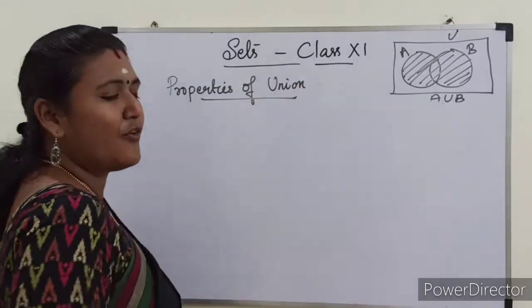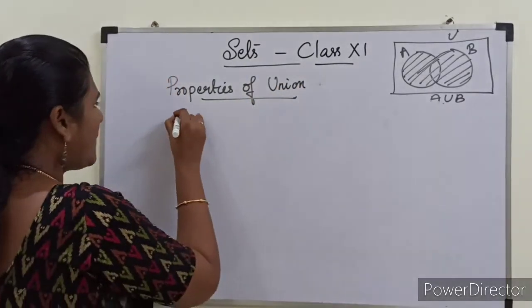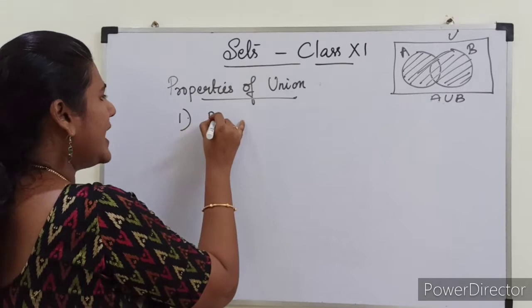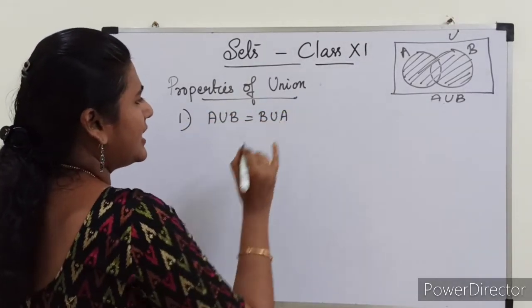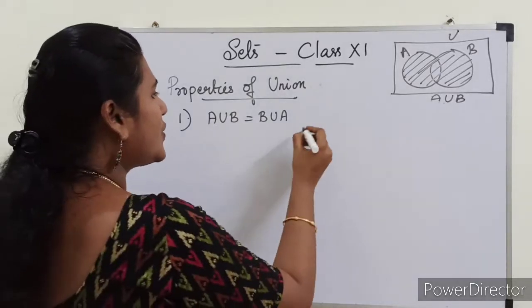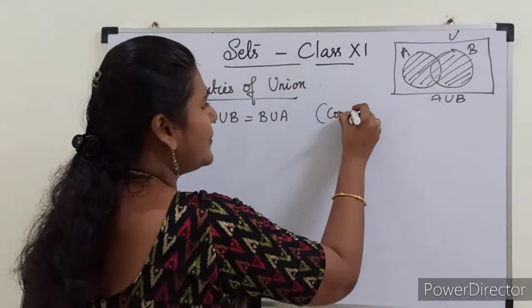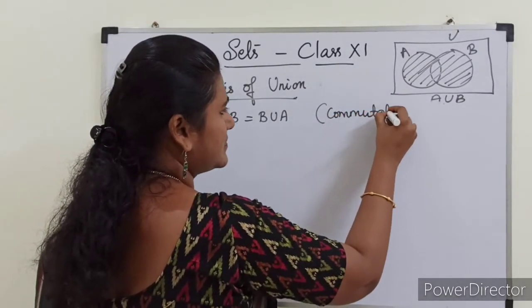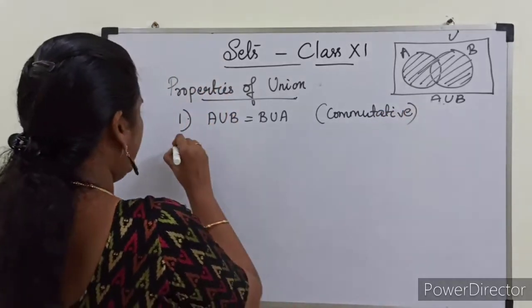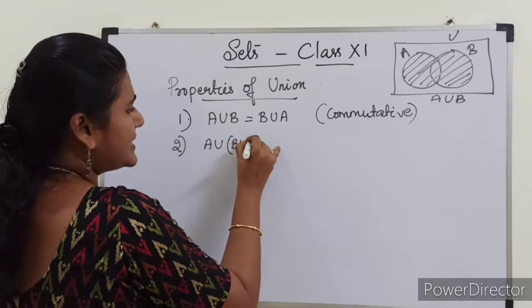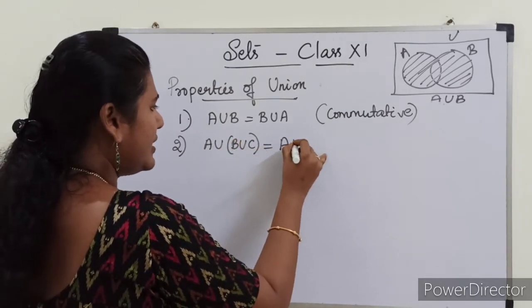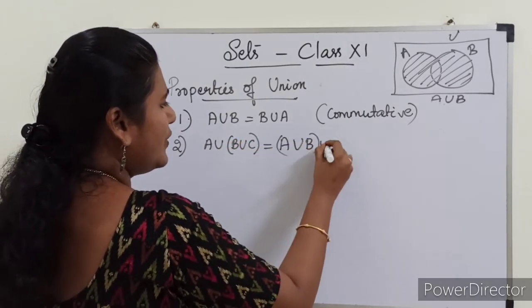Properties of union. First property: A union B and B union A are equal. You know that this is the commutative property. Then the next one, A union B union C is equal to A union B union C, grouped differently.